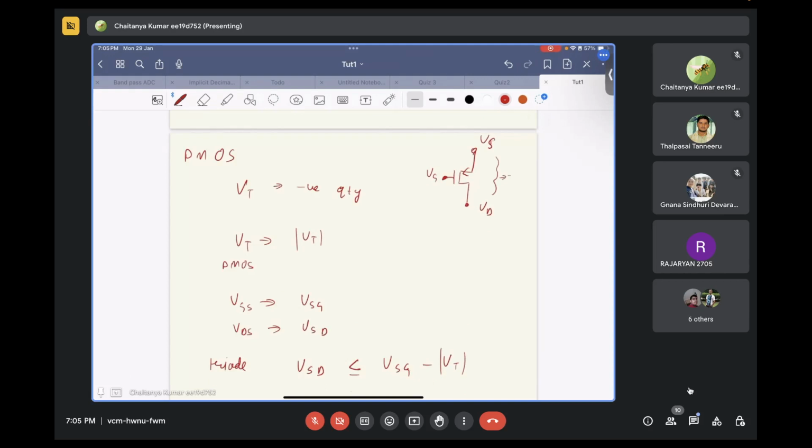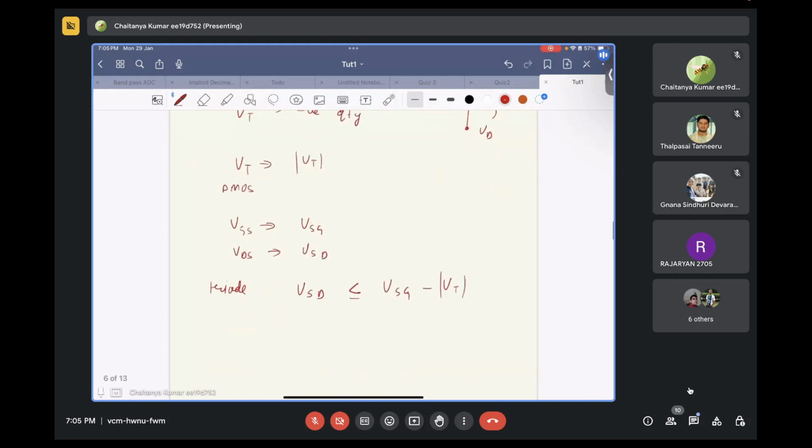VSD is this voltage. If it is less than VSG minus modulus of Vt, then you are in triode, and the current equation comes out to be mu p Cox W by L times VSG minus modulus of Vt times VSD minus VSD square by 2.